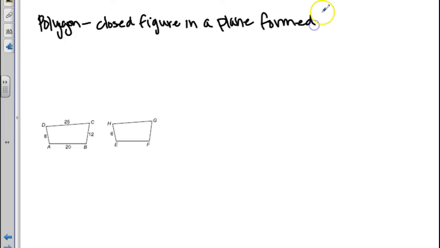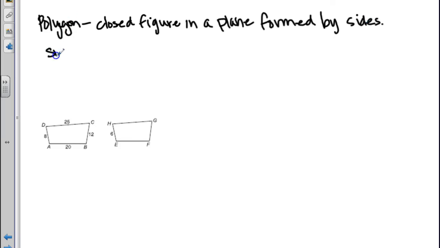And it's formed by sides, so no curved edges. And the segments or the sides only meet at their endpoint, so they're not going to cross and intersect or anything crazy like that. So that's what a polygon is. And also, it has at least 3 sides.